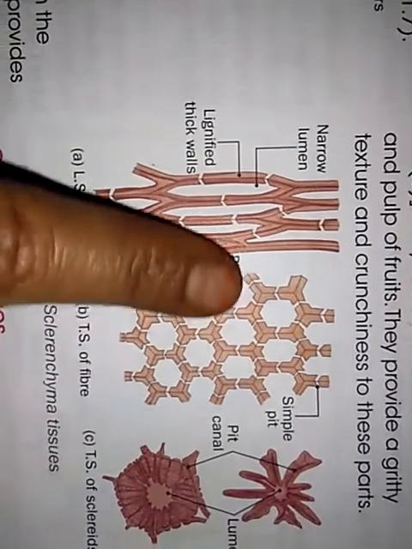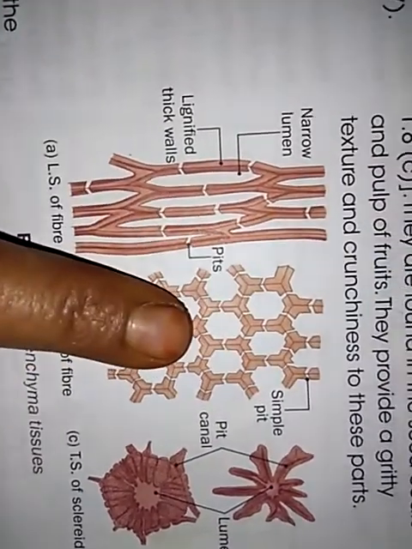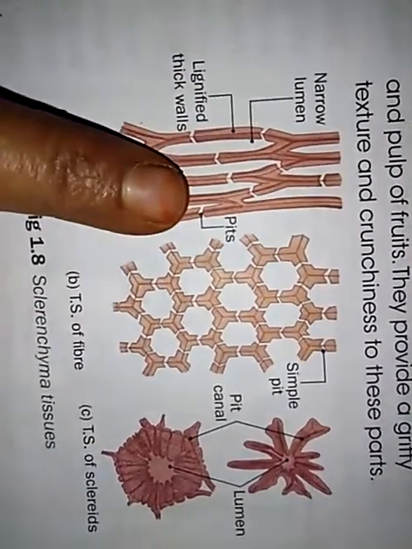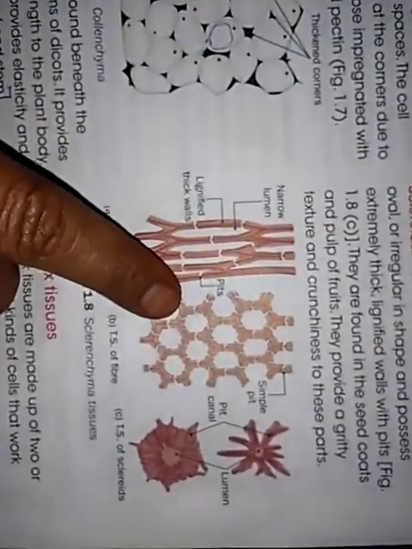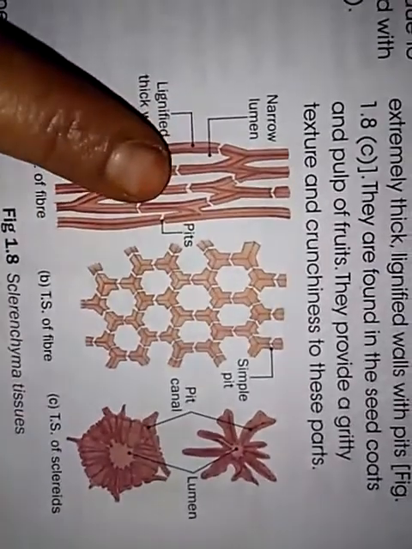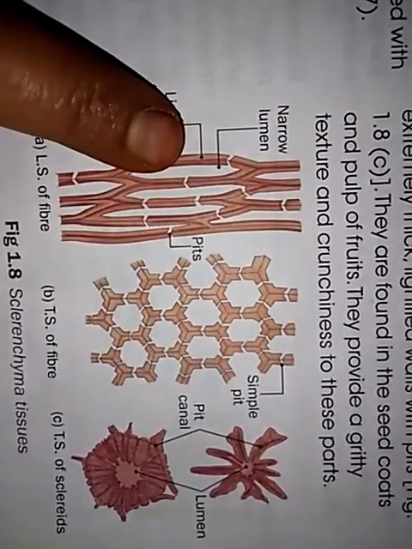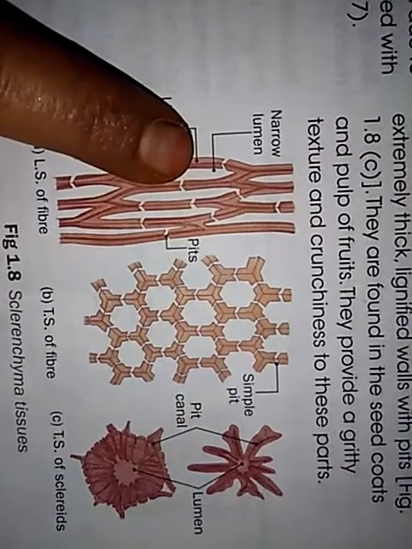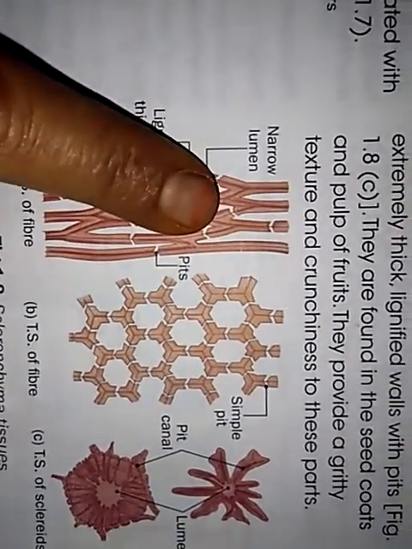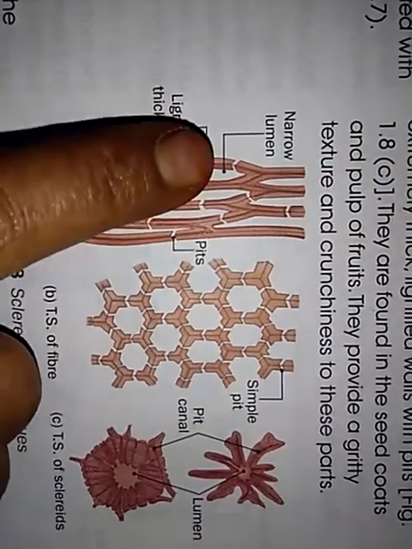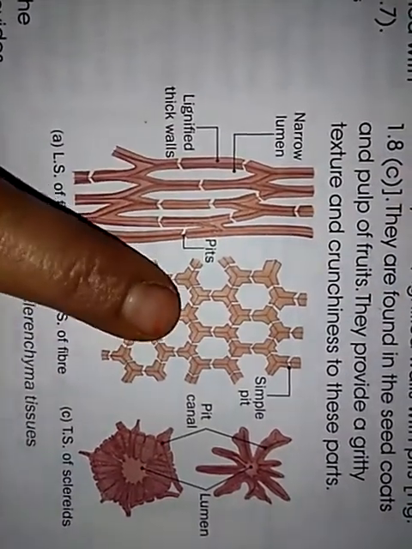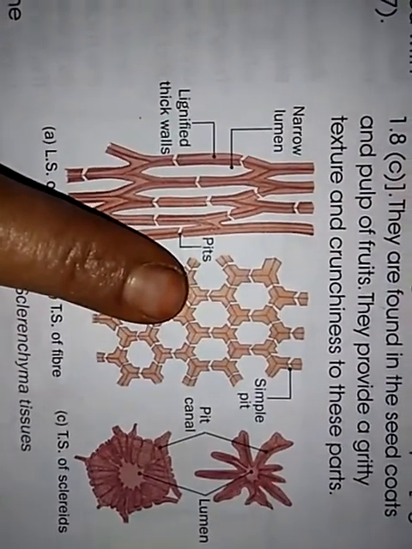Sclerenchyma is a type of simple tissue. It is made up of thick walled dead cells.